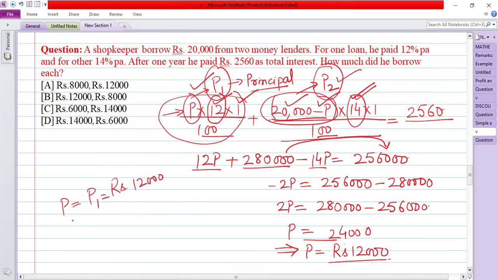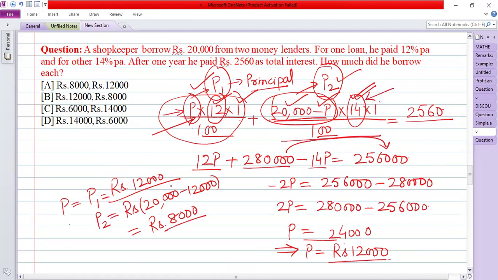So what is the second amount? That was P2. Obviously, that P2 was 20,000 minus 12,000, that will be nothing but 8,000. Okay, means 12,000 amount was invested at 12% rate of interest, and this 8,000 was invested at 14% rate of interest for 1 year. That's why the total interest was 2560. So option B is correct.